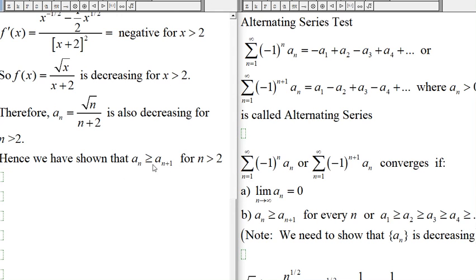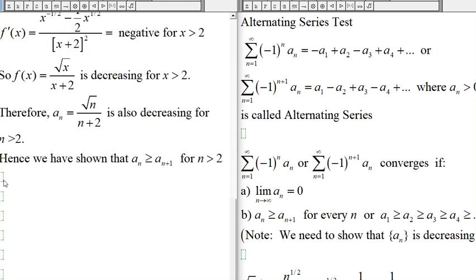And again, when we do this type of comparison, as long as this is true, beginning for some finite n, could be starting at 1, at 2, at 3, at 4, at 5, some finite number, then this is good.